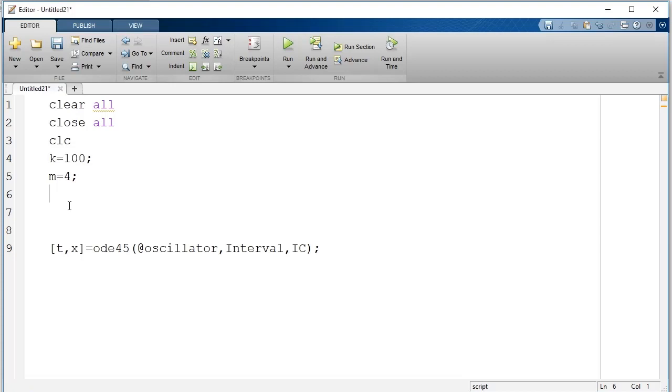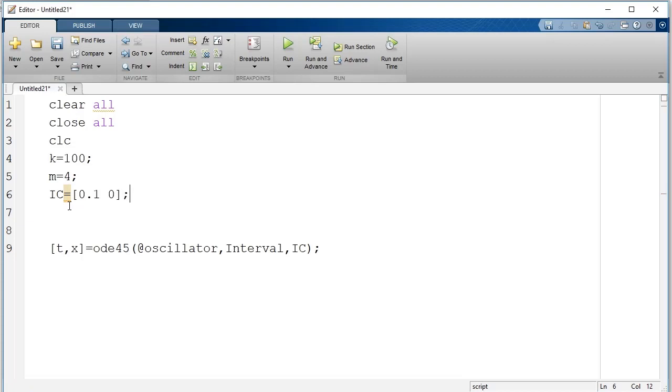So for the initial condition, I would say that IC is equal to, remember that the initial condition on x1 was the initial position, and we said that we stretched the spring 0.1 meter. And the initial condition on x2 was the initial condition on velocity, which was 0 initially.